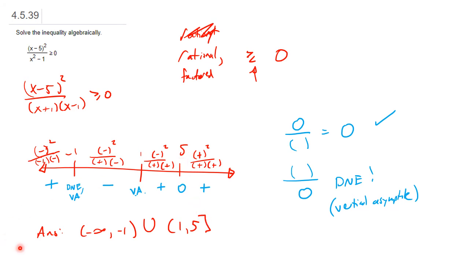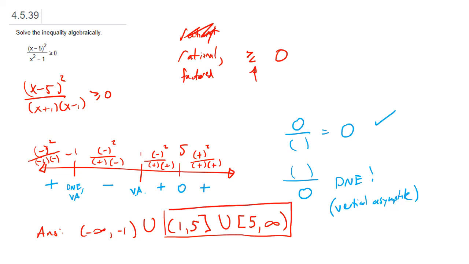And then it also includes everything from 5 and above. Now I would point out that this right here says everything from 1 to 5 and then everything from 5 to infinity and also include 5. So really you can condense that to just be everything from 1 to infinity.